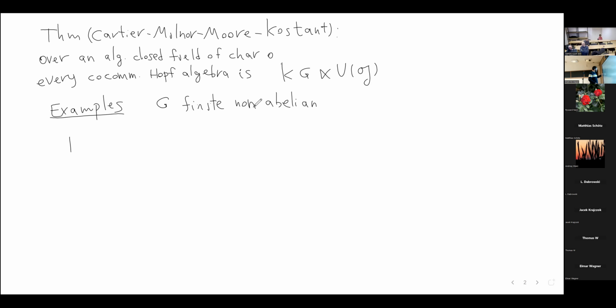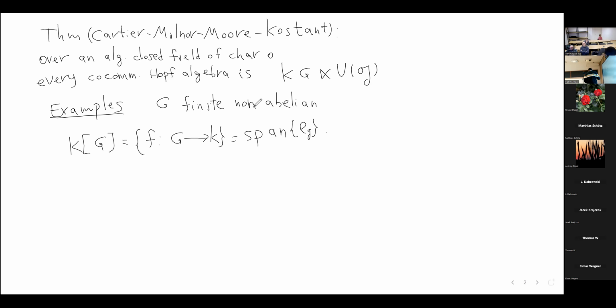I can take K of G, and this is going to be the algebra of all functions f from my G to K. This is spanned by the delta functions that I will call e sub g.